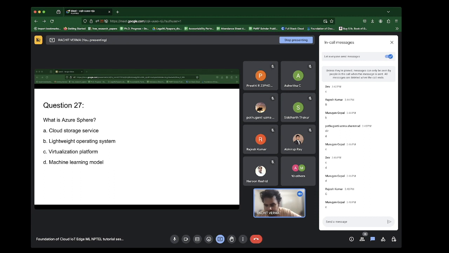Or is it a deep machine learning model? Does anyone have any answers? Multi-correct.